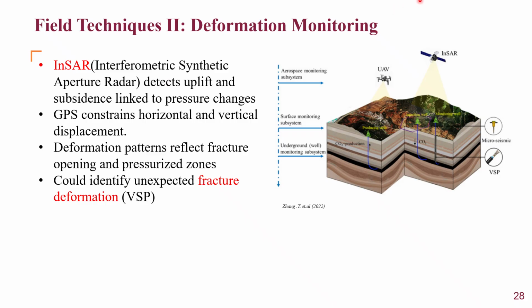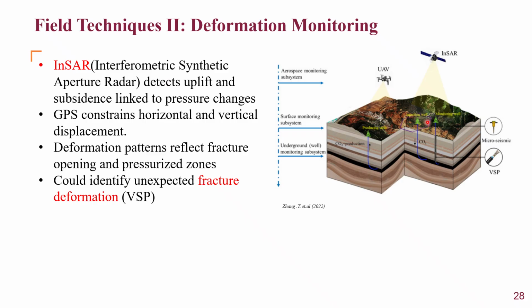Scientists then also would want to monitor deformation. In deformation monitoring, they use InSAR, which is Interferometric Synthetic Aperture Radar, which detects uplifts and subsidence that's linked to pressure changes in the subsurface. Also, GPS and UAV constrain horizontal and vertical displacement and can help in detecting changes in the surface topography.